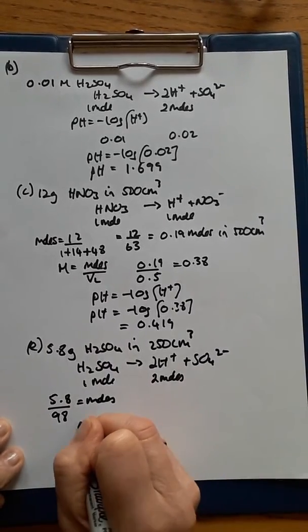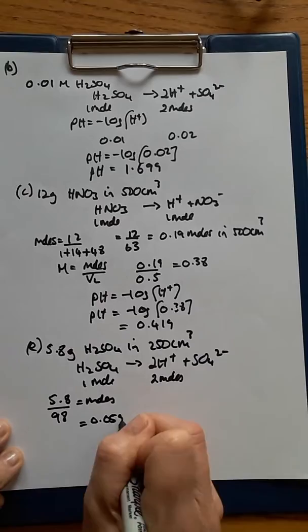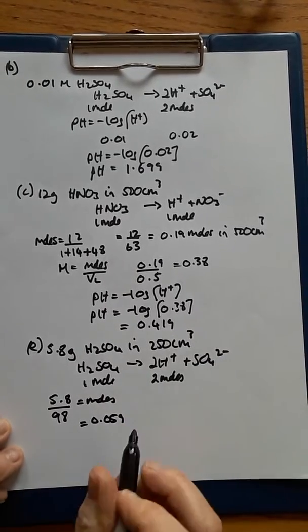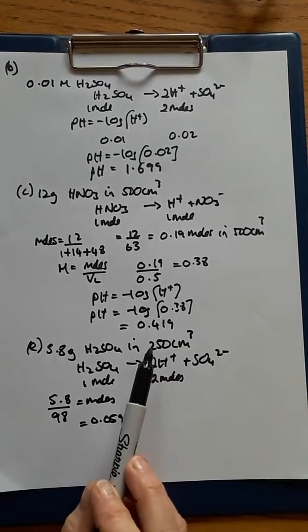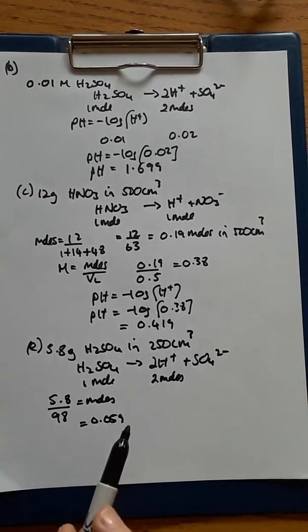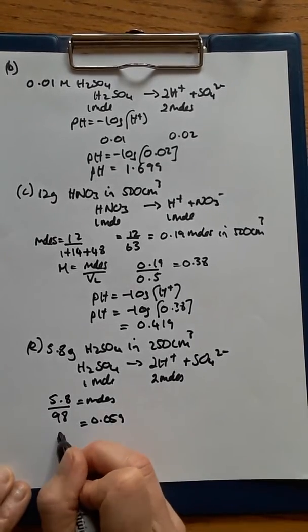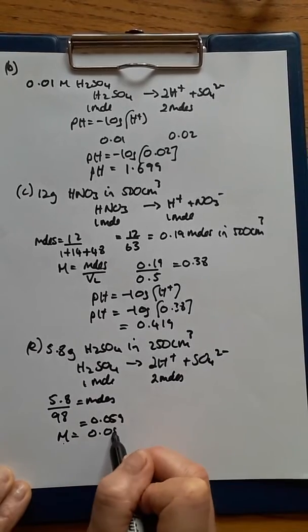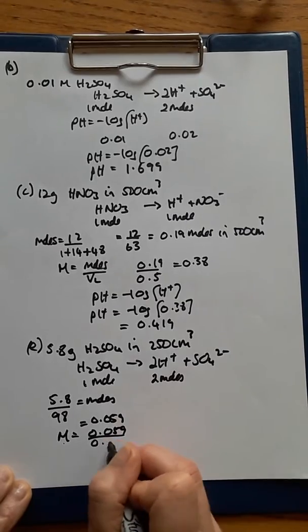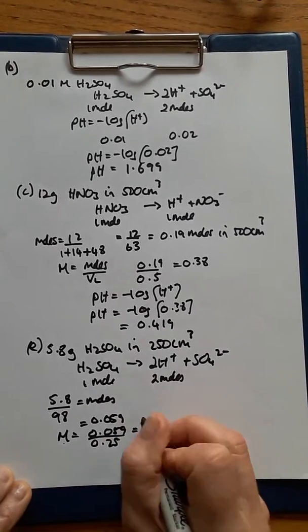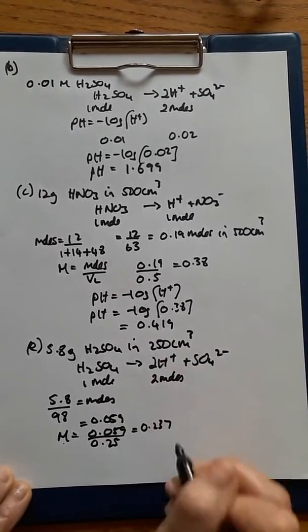So that means I have 0.059 moles of sulfuric acid in 250 centimetres cubed. Okay, so if I want to find its molarity, I'm going to say the molarity is the number of moles divided by the volume in litres, which is 0.25. And that gives me 0.237.